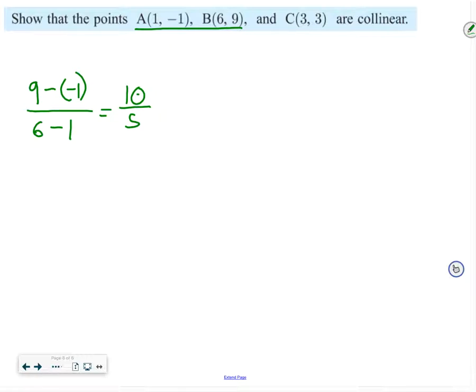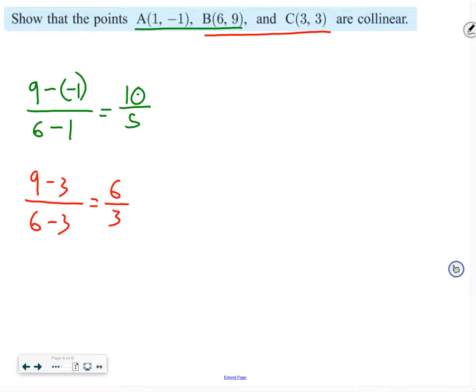Now I want to find the gradient of BC. The gradient of BC is going to be 9 minus 3 over 6 minus 3. So 9 minus 3 is 6, and 6 minus 3 is 3.